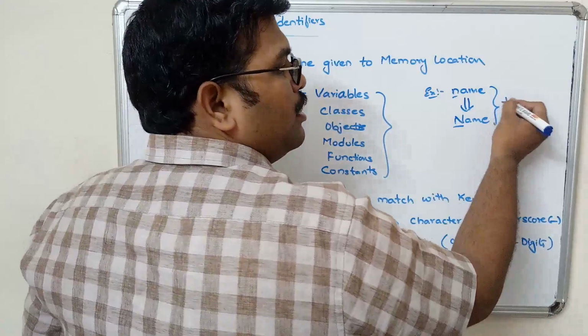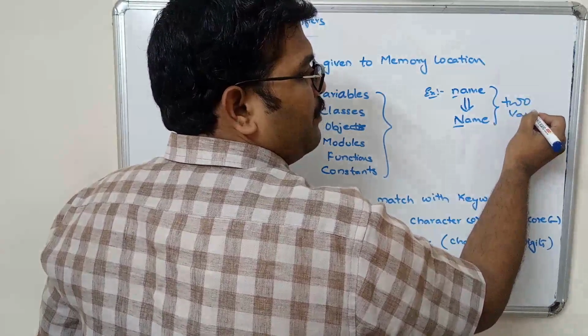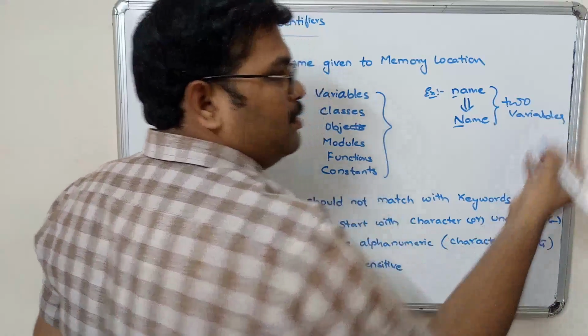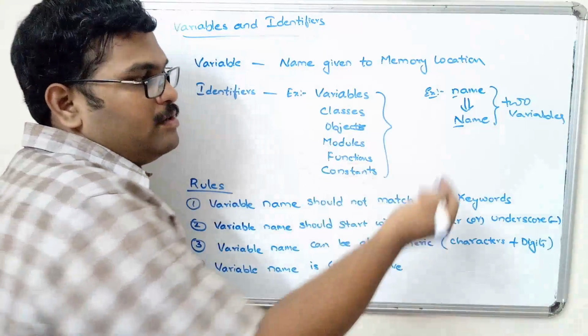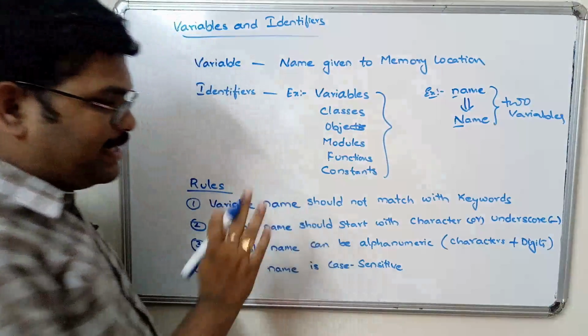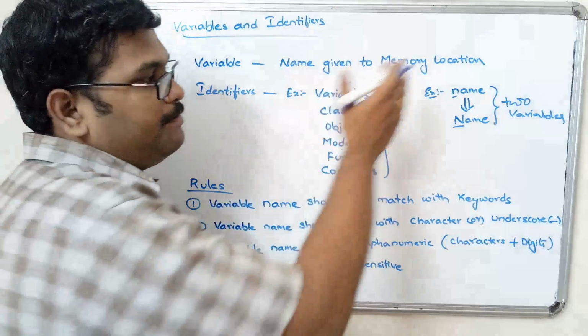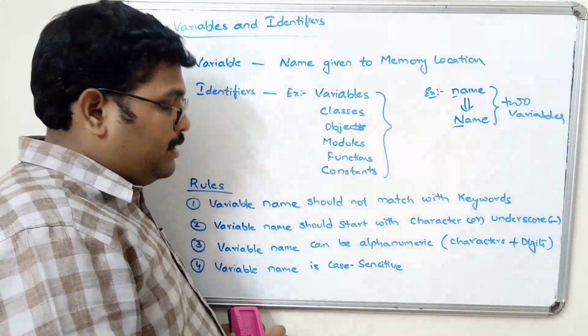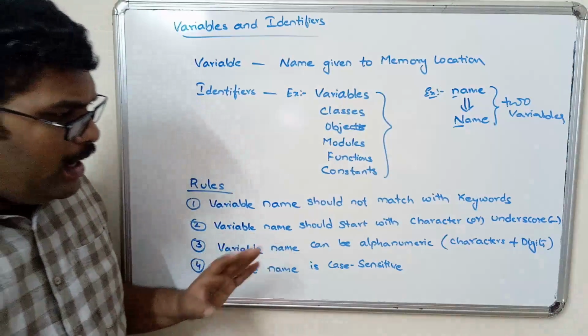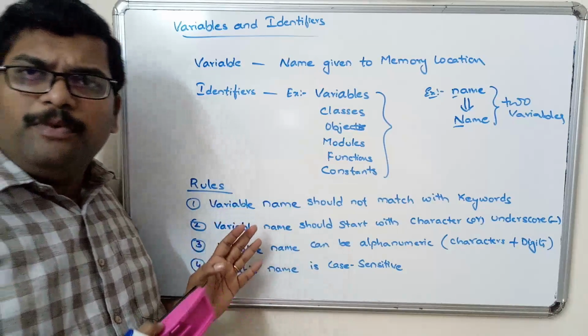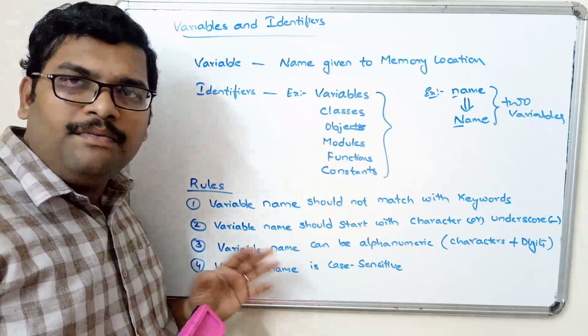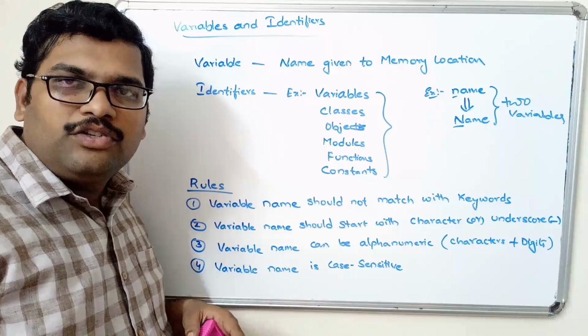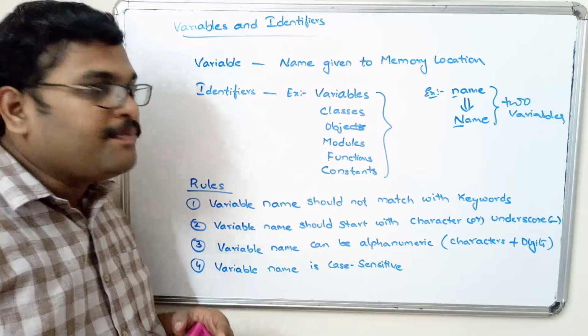These are two variables. The interpreter will treat them as two different variables, name and Name. So it's case sensitive. These are the rules to be followed while giving names to variables or identifiers, and we have to follow them.